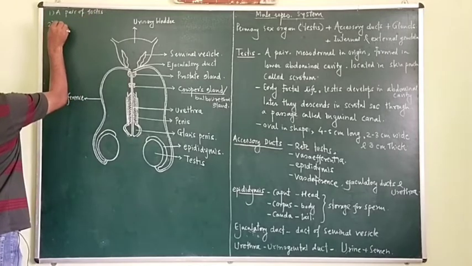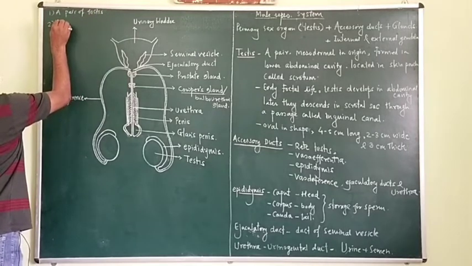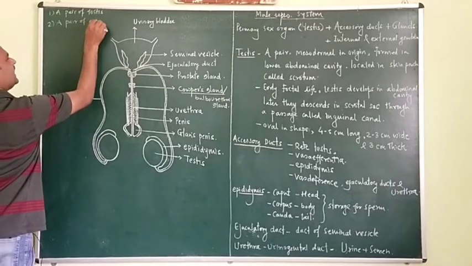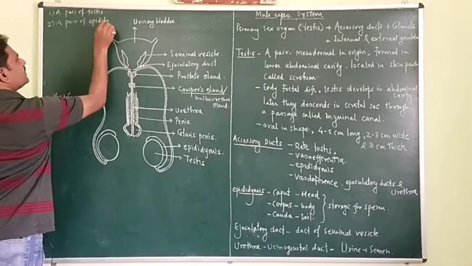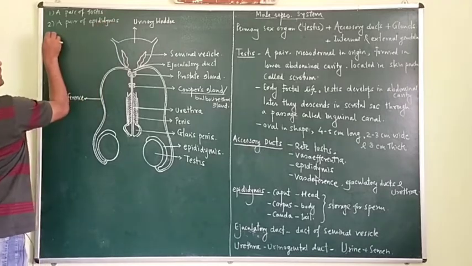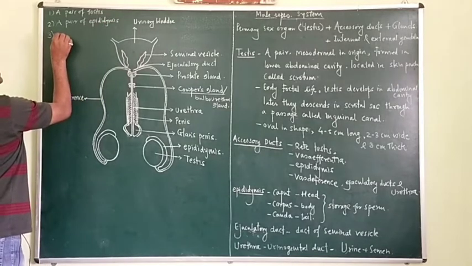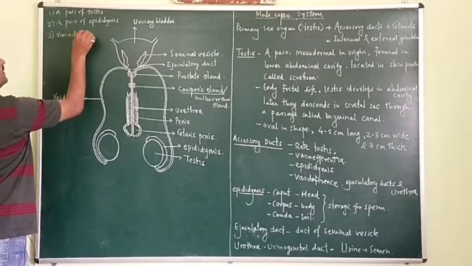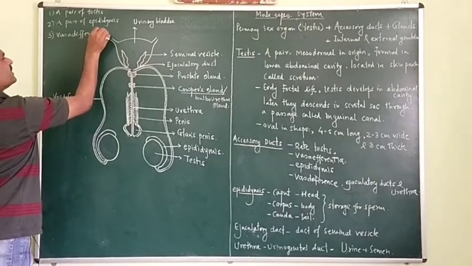second structure, a pair of epididymis, a pair of vas deferens, or they are called vasa deferentia.